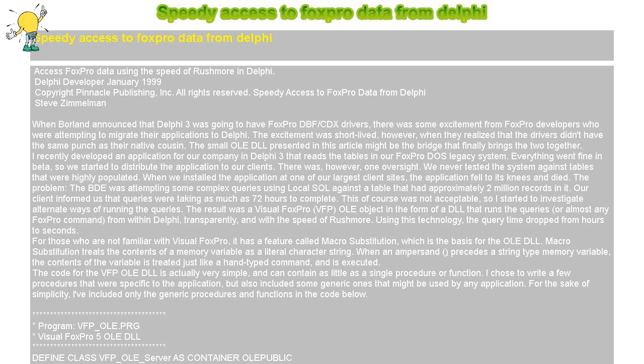When an ampersand precedes a string-type memory variable, the contents of the variable is treated just like a hand-typed command, and is executed. The code for the VFP OLE DLL is actually very simple, and can contain as little as a single procedure or function.